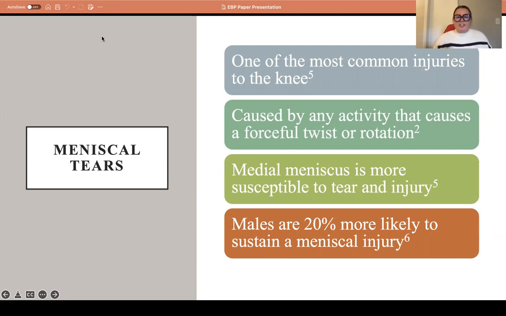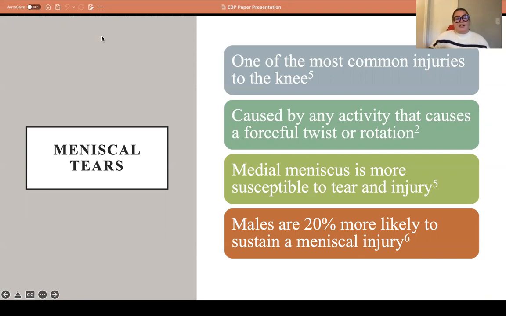So meniscal tears or meniscal injuries are one of the most common injuries to the knee. They can be caused by any activity that causes a forceful twist or rotation. They can also happen by kneeling, deep squatting, or lifting heavy items. The medial meniscus is also more susceptible to tear and injury than the lateral meniscus.